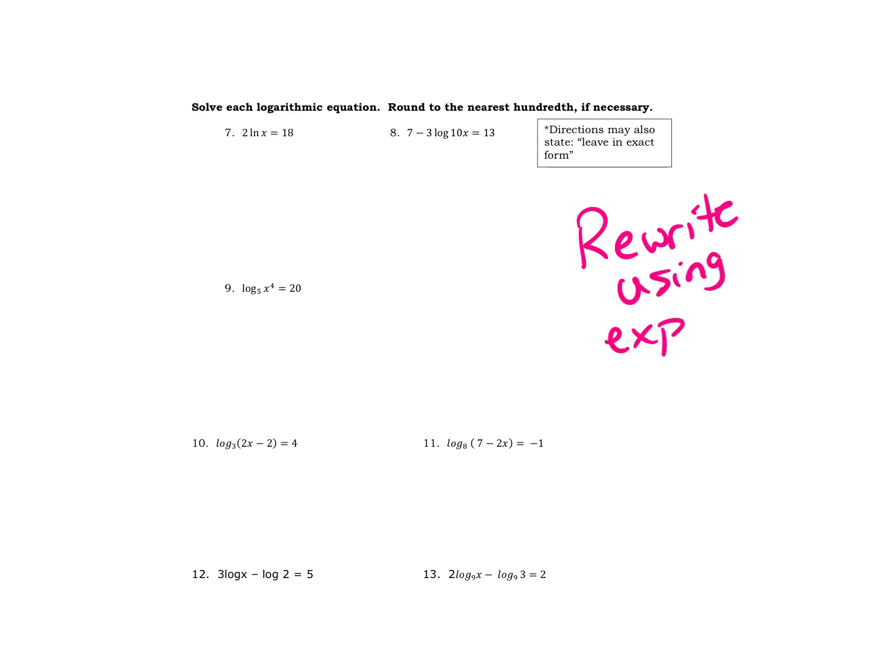Anytime you see an equation, the first thing to ask yourself is, what type of equation is it? If you have a logarithmic equation, then in order to solve, we are going to have to rewrite using exponents. That is our inverse operation.